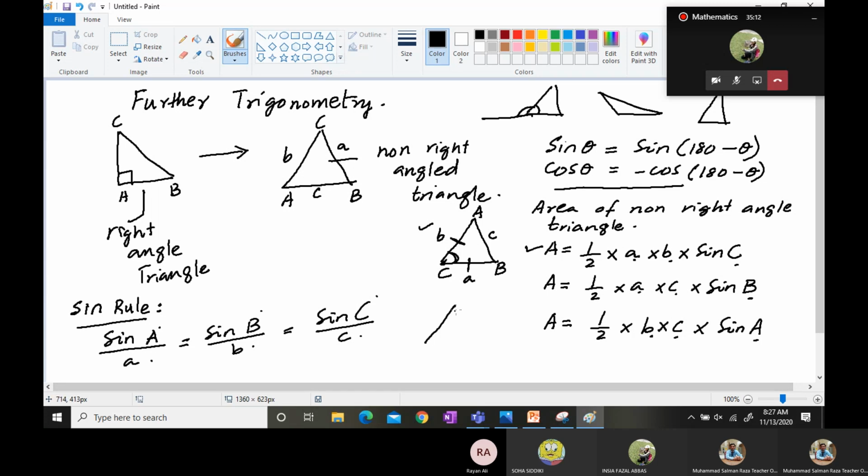Now for the sine rule, look at what sort of things are mentioned when we apply it. Suppose we have got this angle C and side C, and we have got this angle B as well, and we have to find out side B, then we can apply this sine rule.